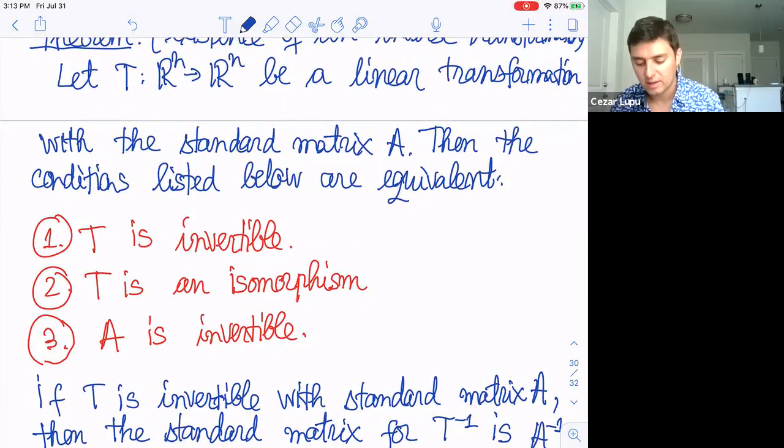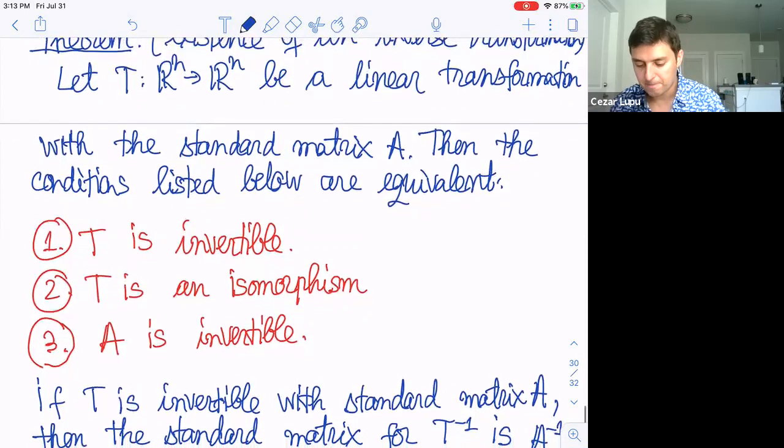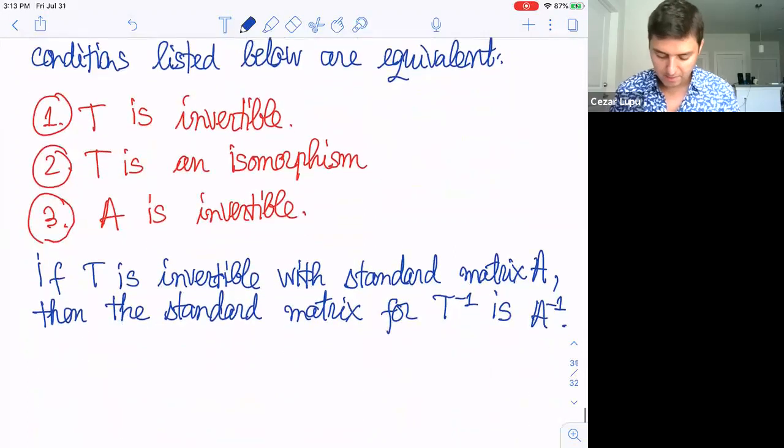And now we would like to see this theorem at work in the following example, which is pretty straightforward.